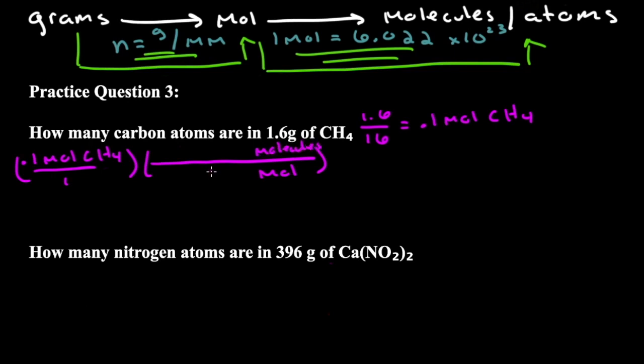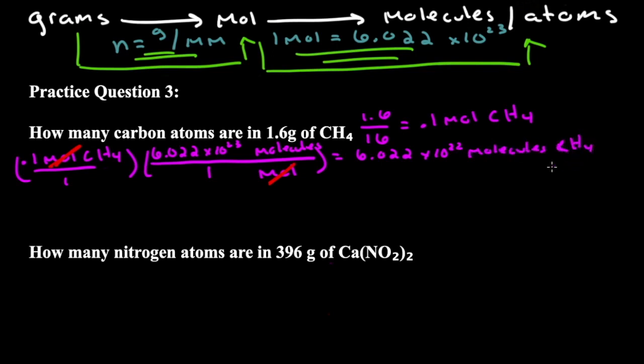Every 1 mole is going to be 6.022 times 10 to the 23rd power. Now moles here and moles here will cancel out, and when I do that, I'm going to get 6.022 times 10 to the 22nd power. And that's going to be molecules of CH4.